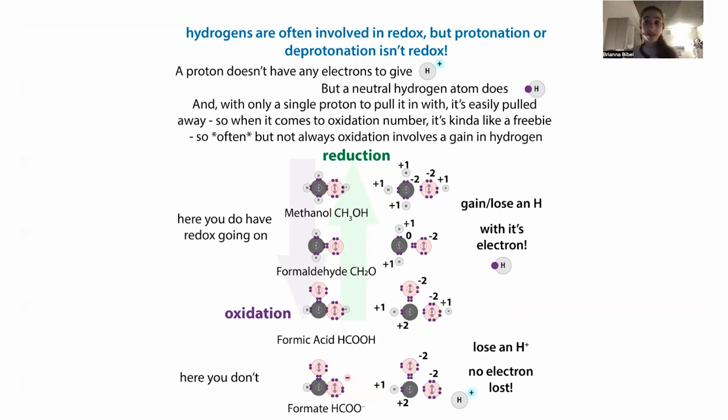Normal hydrogen doesn't have any neutrons, it just has a proton and an electron. And so when you lose that electron, now you just have a proton. This is why we call H plus a proton. But if you gain or lose an actual neutral hydrogen atom, then that is a redox reaction because you're dealing with changes in the number of electrons.